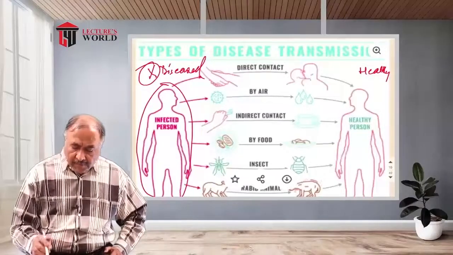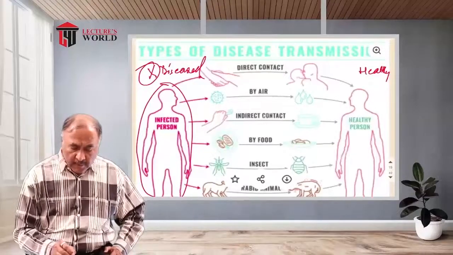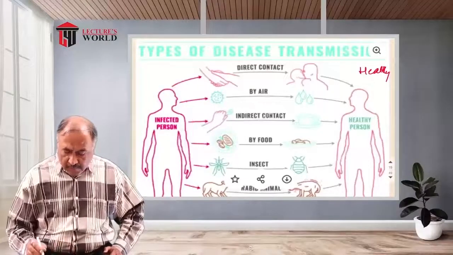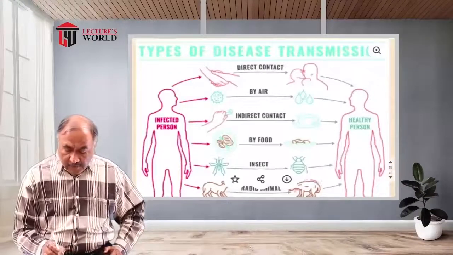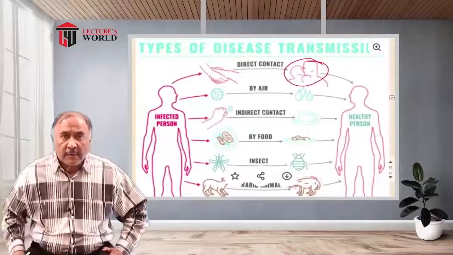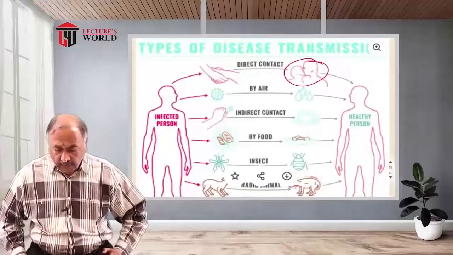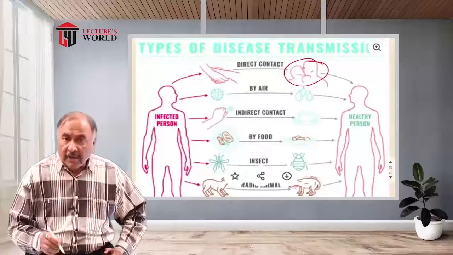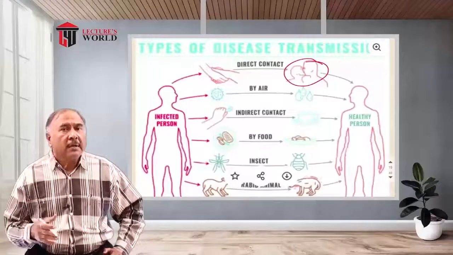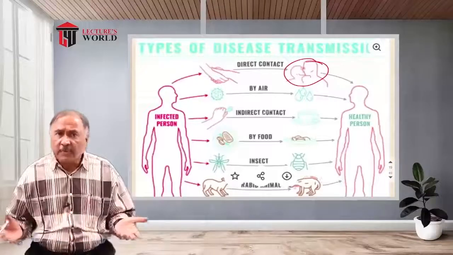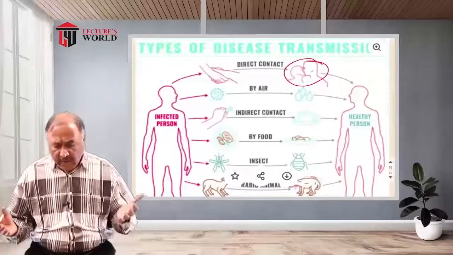For example, we say direct contact. The direct contact includes, say, here, the first example of this is direct touch. Either it can be handshaking, or it can include kissing, it can include sexual transmission. These are basically the very common types of direct contact.